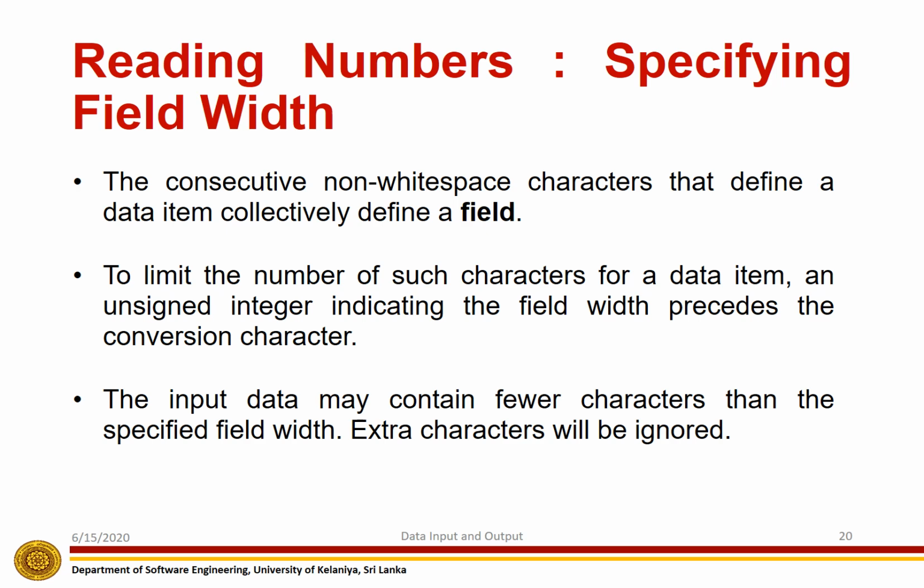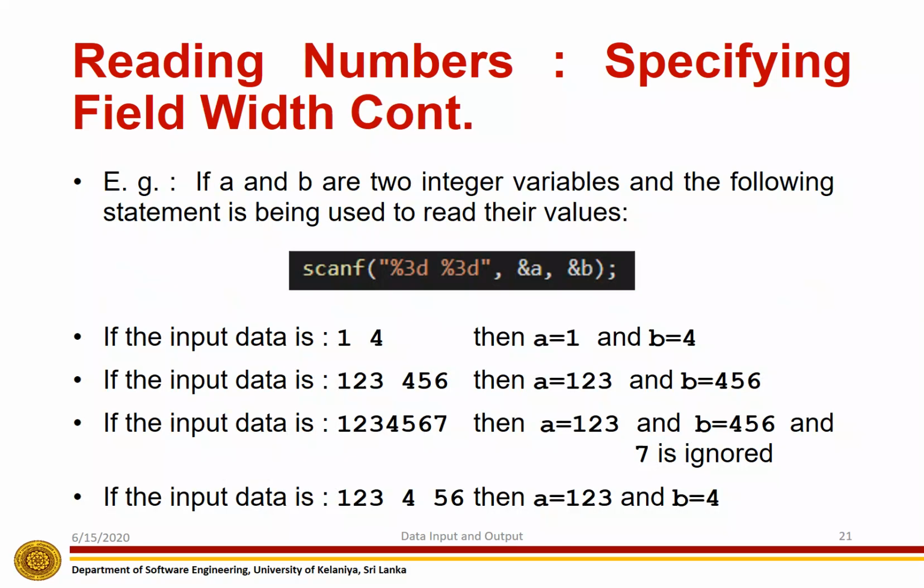Now we will see some examples for this. In the slide you can see a and b are two integer variables and the statement that is being used to read their values. scanf("%3d %3d", &a, &b), it means it can have 3 characters, and again %3d, it also can have 3 characters, and the arguments a and b.